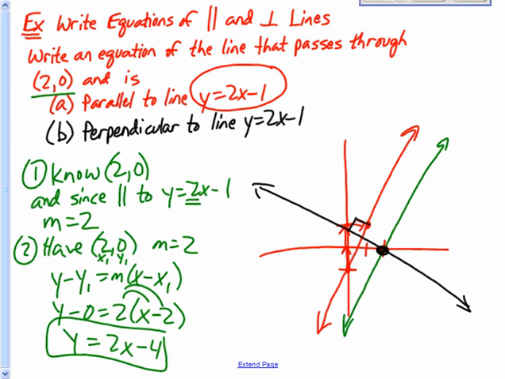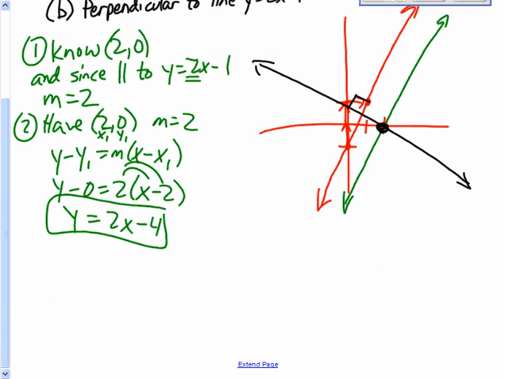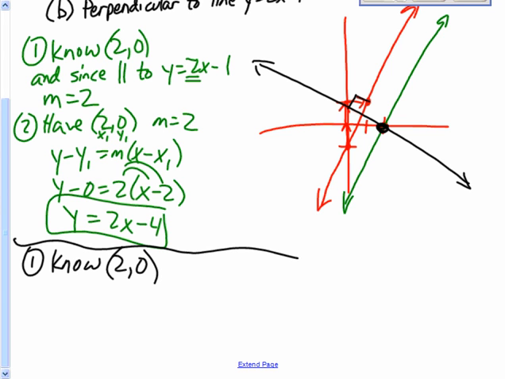But I have to go through (2, 0) again. How does this change? Well, if I'm perpendicular, number one, I know I go through (2, 0). But instead of my slope being 2, I have a perpendicular slope. The perpendicular slope, that black line, would be the opposite reciprocal, as we know for perpendicular lines.